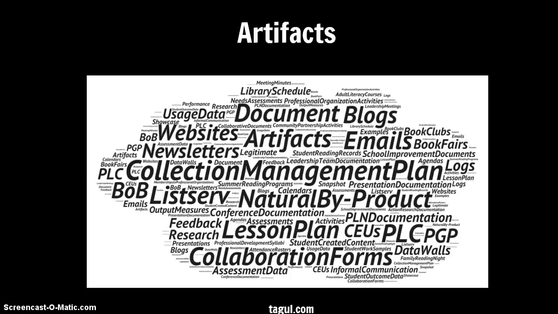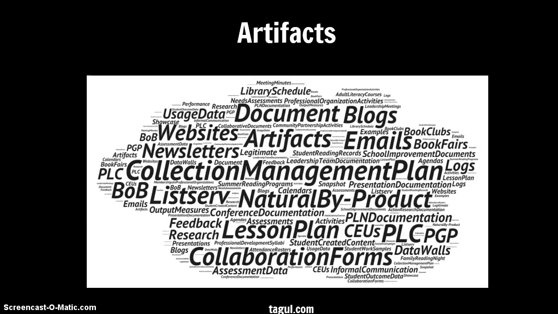These types of things are all artifacts that would be natural byproducts of a school library media coordinator implementing his or her standards. This is not an exhaustive list. These are just some examples. And you can find other examples in the supporting documents on the NESES wiki.